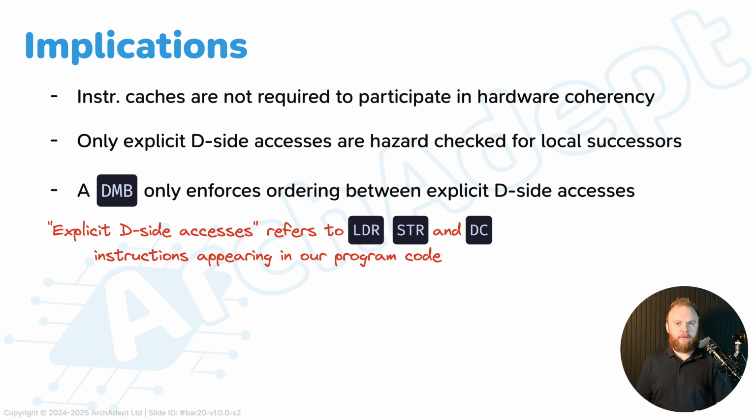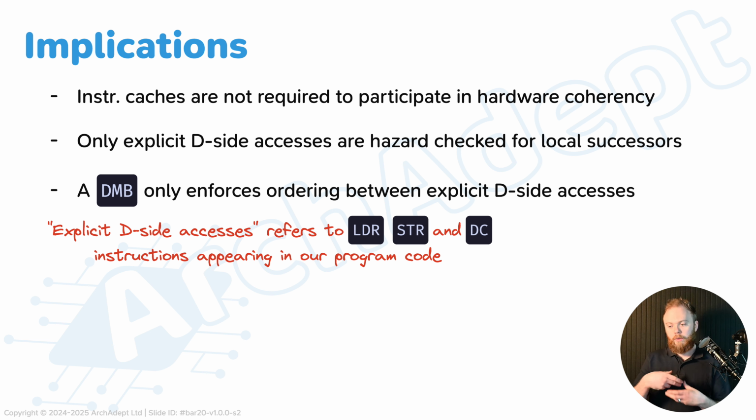So why does that matter? Well, there are three main implications here. The first is that instruction caches are not required to participate in hardware cache coherency. So you'll recall from Lesson 12 that writing to a normal cacheable location involves first getting the corresponding cache line into a unique state before we're allowed to write to it.